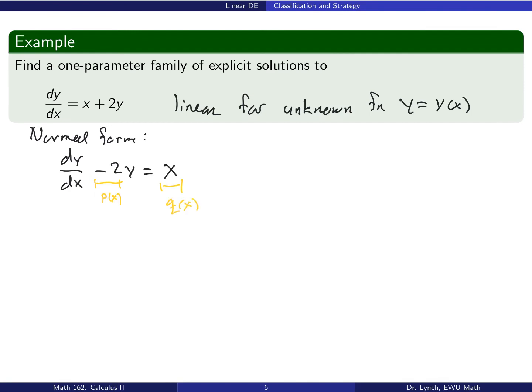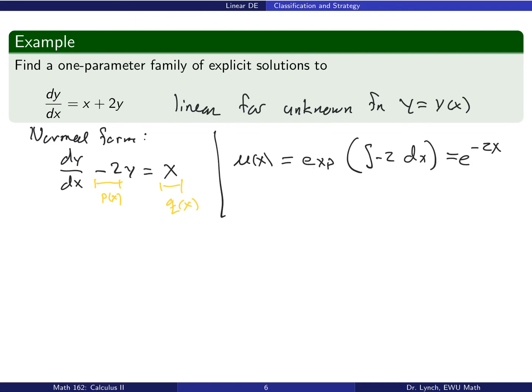So let's go ahead and compute the integrating factor. The integrating factor is e to the integral of little p of x dx. So here again, I've used minus 2 as our little p of x, expressing mu of x as e to the integral of minus 2 dx. We just end up with e to the minus 2x.